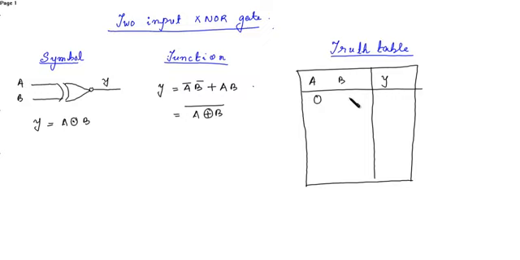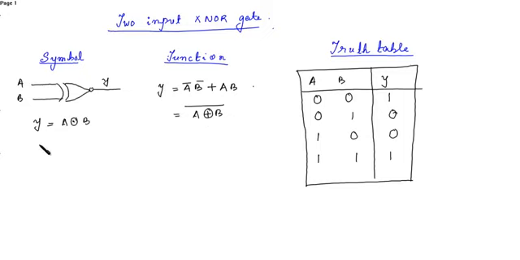If both inputs are 0, then the output is 1. With 0, 1, then 0, then 1, 0, then 0, 1, 1, then 1. So you can see the output of the truth table is just the reverse of the output of the XOR gate. So that's the reason why it's written A XOR B whole bar.